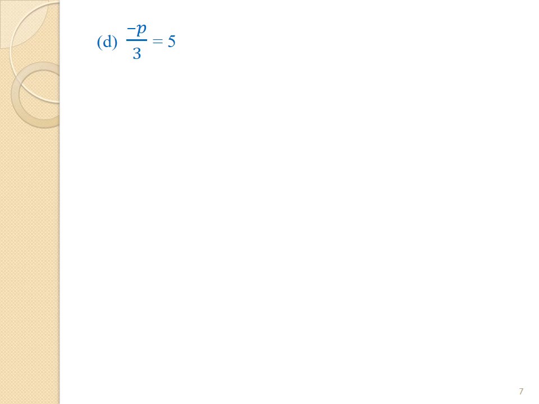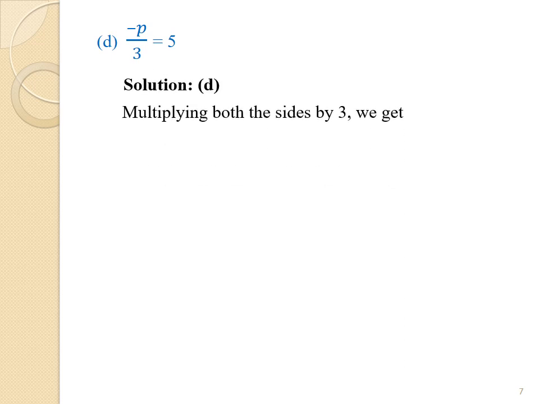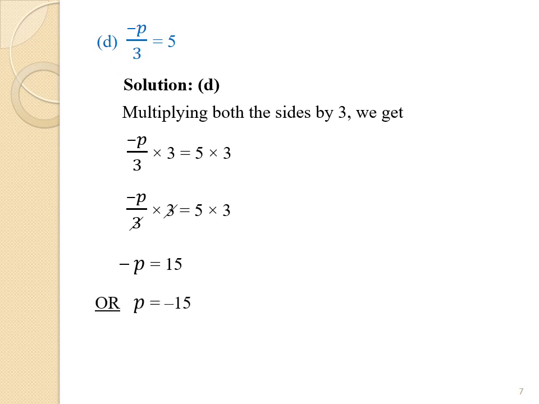Multiplying both the sides by 3, we get minus p upon 3 multiplied by 3 equals to 5 multiplied by 3. Cutting common 3 and multiplying 5 by 3, we get minus p equals to 15, or p equals to minus 15.